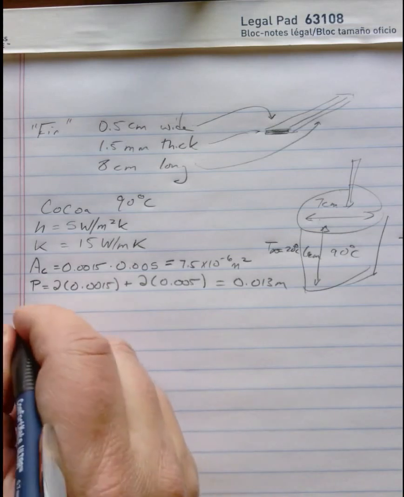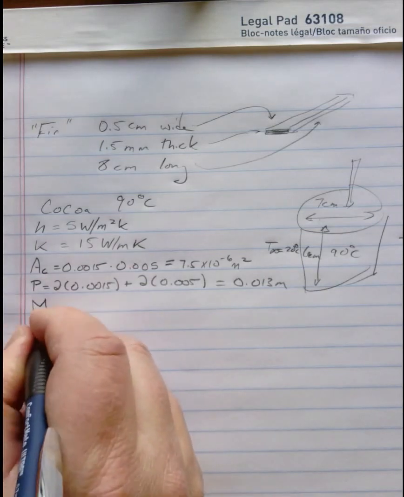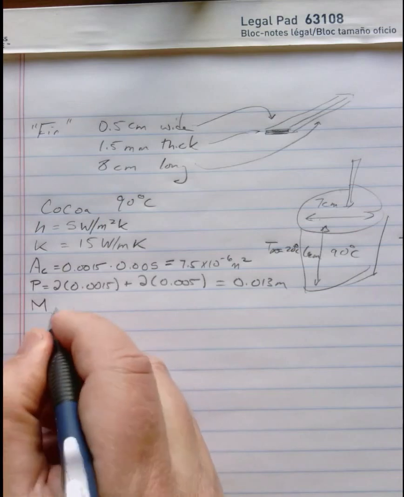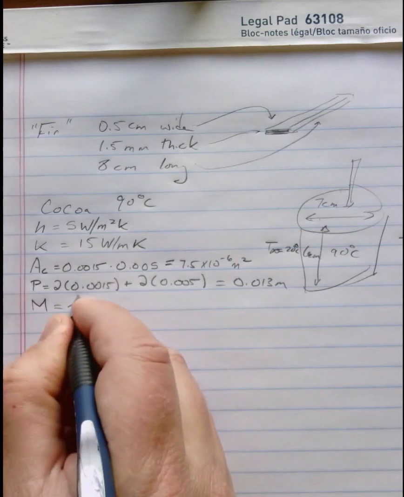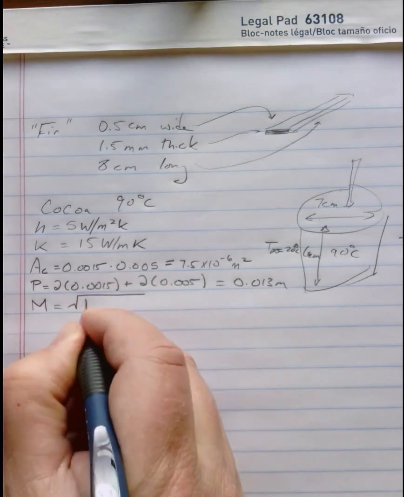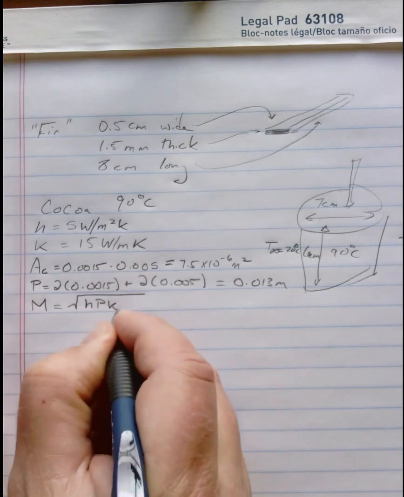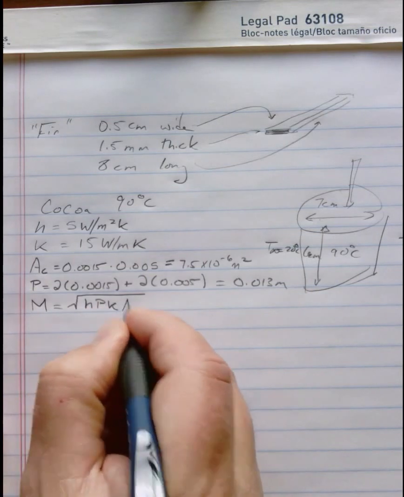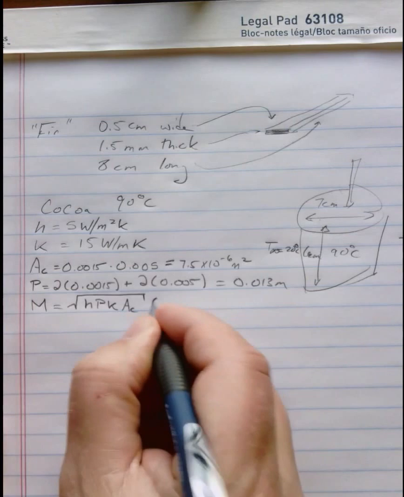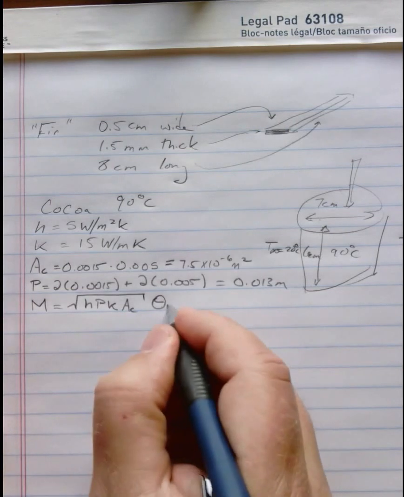The so-called fin parameter, which you'll see on the table of all the different fin equations, capital M, is equal to the square root of h p k cross-sectional area times the base theta.